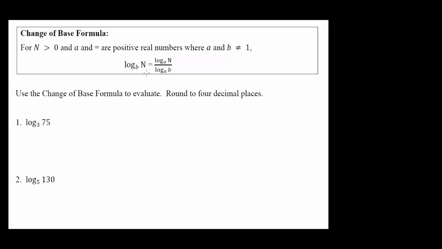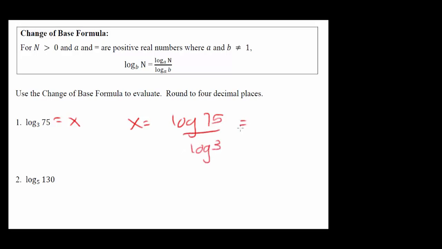So if you have a log of n and a base of b, you take that logarithm of n and you divide it by the logarithm of your base. Okay, so all I have to do to find out what x equals, x will equal the log of 75 divided by the log of 3.